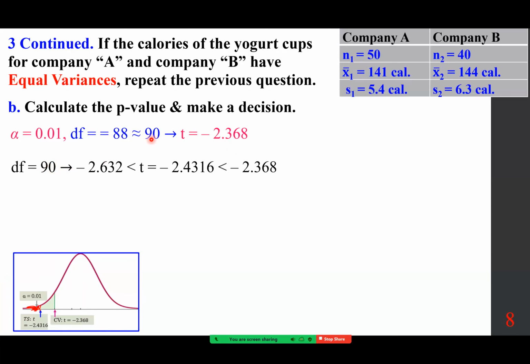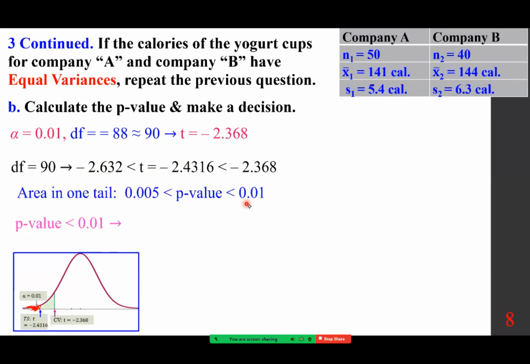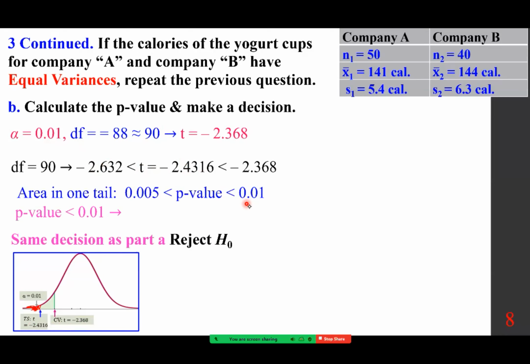Why 90? The table that I'm using doesn't have 88. So the p-value is between these two numbers. That's the limitation of a table. And clearly the p-value is less than alpha 0.01. Same decision, reject H0.